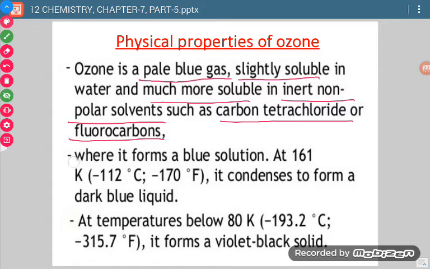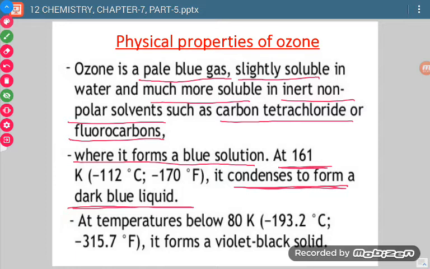It exists in the form of a blue solution, but at 161 Kelvin it condenses to form a dark blue liquid, meaning its color depends on the temperature. The temperature at which it exists decides its color. Normally it is a pale blue gas, but at 161 Kelvin it changes to a dark blue liquid.